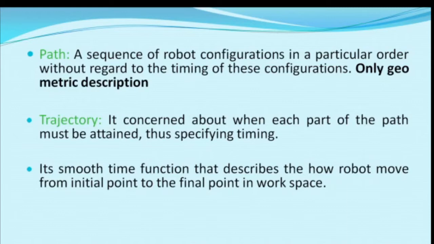While trajectory considers timing also, so it concerns about when the robot reaches a particular position, at what time. So trajectory is a smooth time function that describes how the robot moves from initial to final position in the workspace.